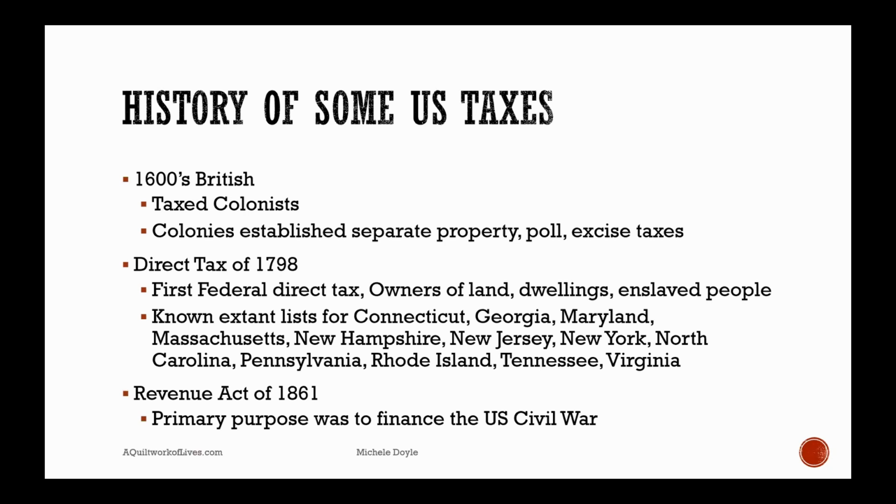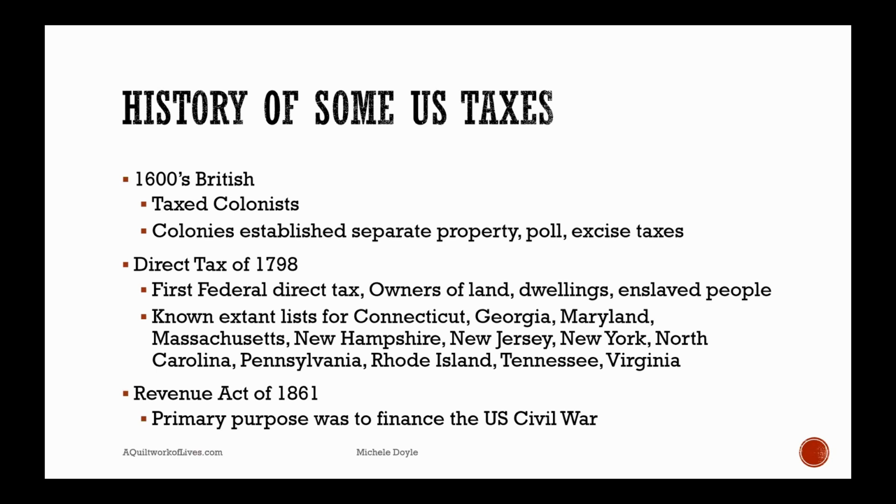In 1798, our first federal direct tax was inaugurated. You'll note by the date, this was after the Revolutionary War. The government kind of looked around and went, we need some money. We need to figure out how to pay for the war we just had. So they tended to tax owners of land, owners of dwellings, owners of enslaved people.